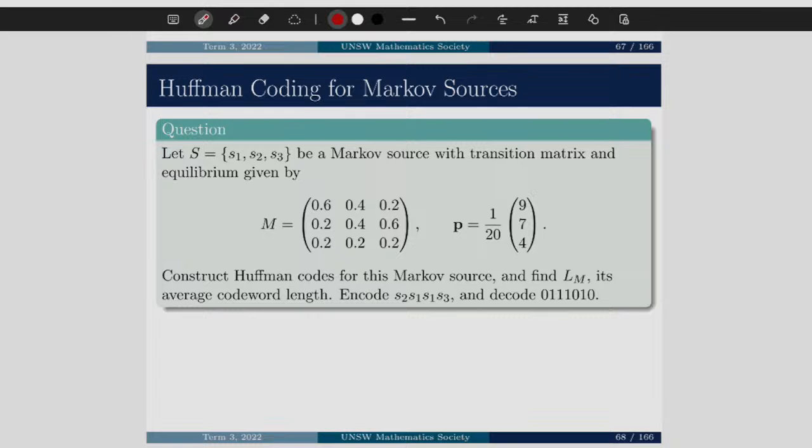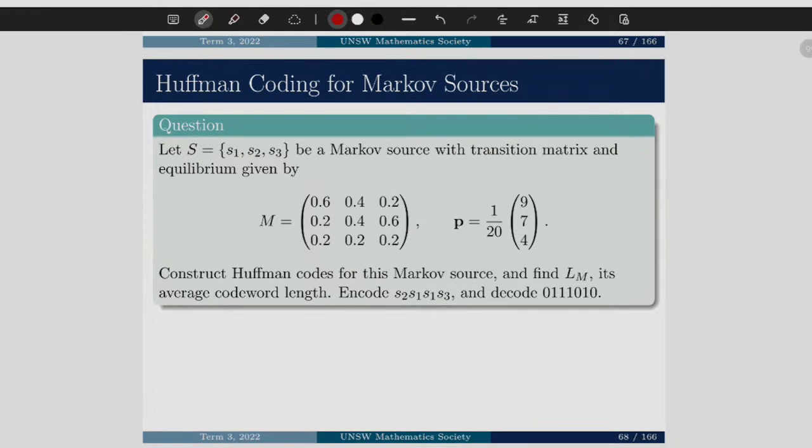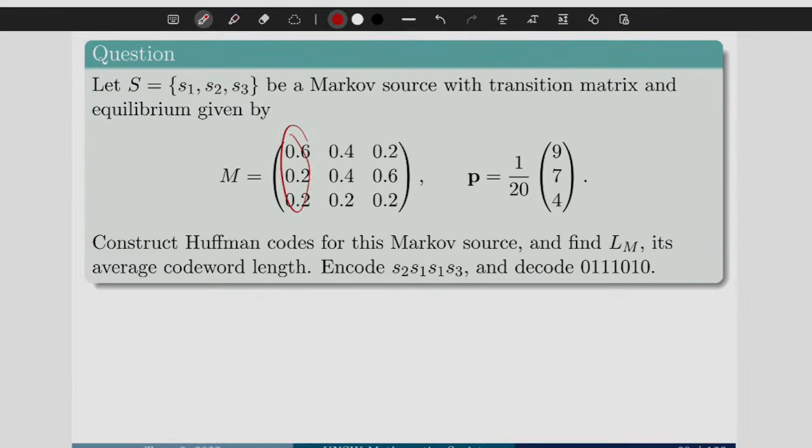Looking at this question, we were given the transition matrix and the equilibrium distribution. Construct Huffman codes for the Markov source and find L_M, its average code word length. To construct Huffman codes, we're going to look at all of these columns. I'll do one example really quickly.